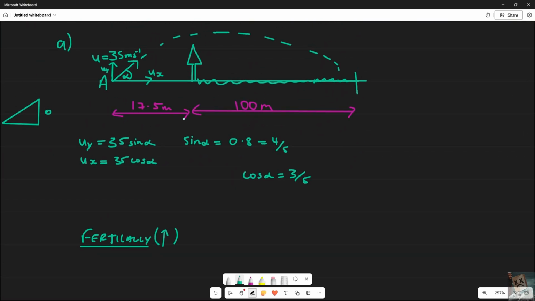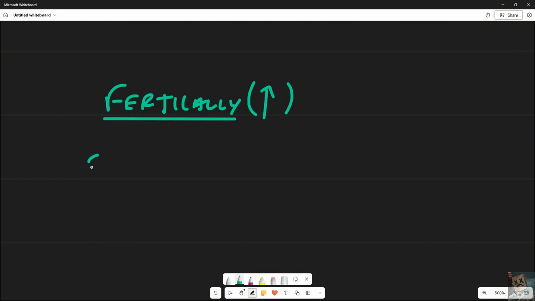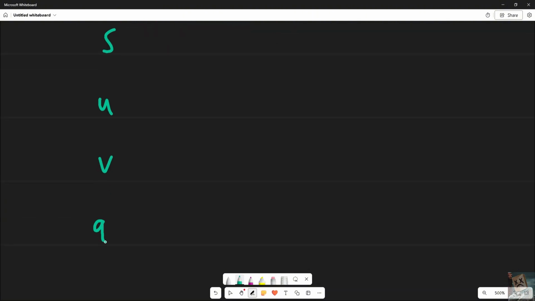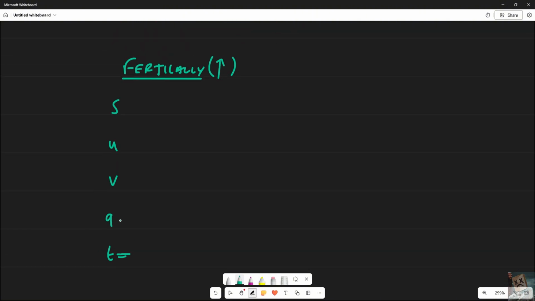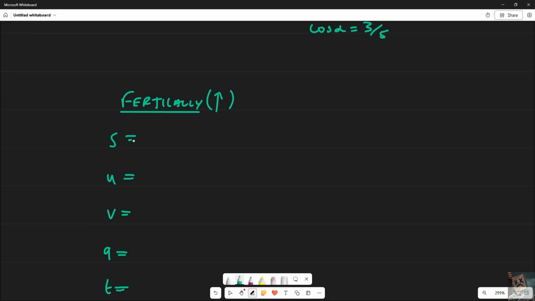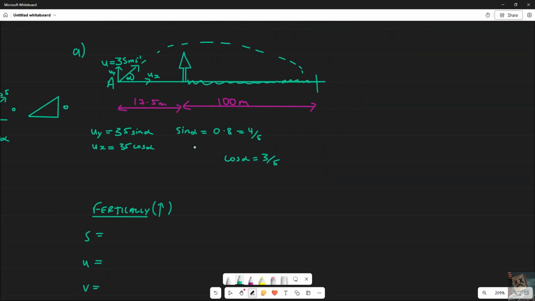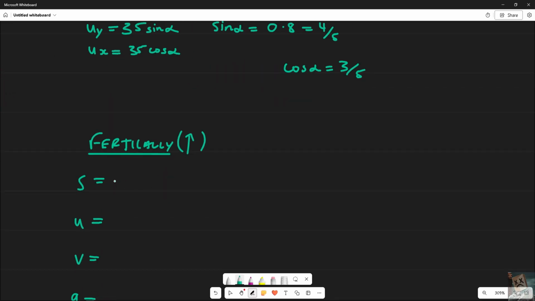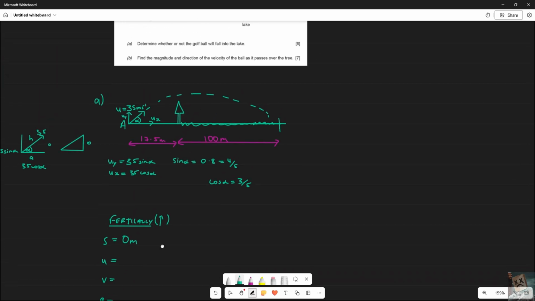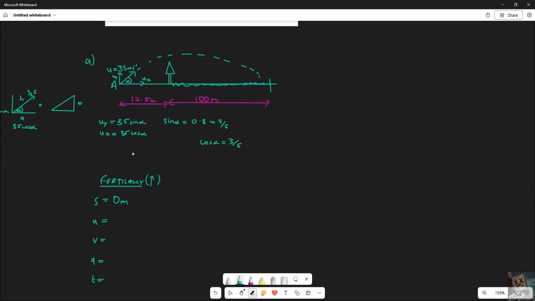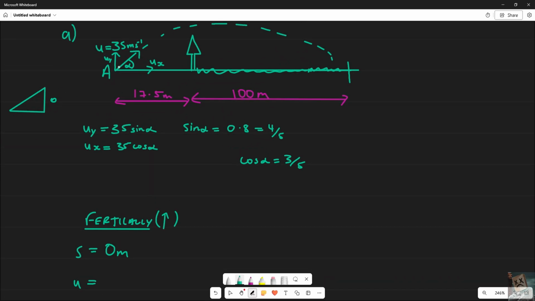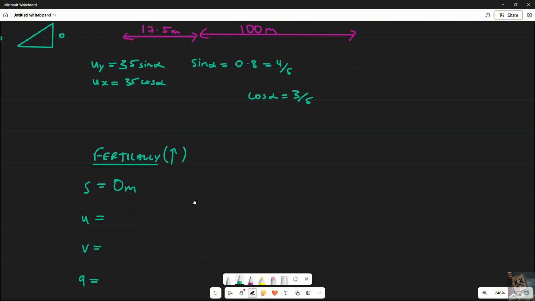Whenever it's moving up, it's positive. So we do SUVAT. The S is where it hit the lake, and the lake is at 0, so S is 0 meters. It hits 0 here and here, so we should have 2 values for t, so we might be looking for a quadratic.